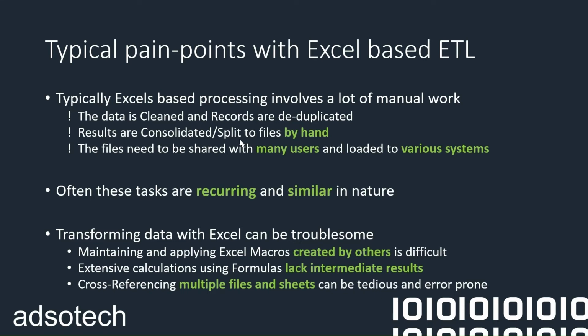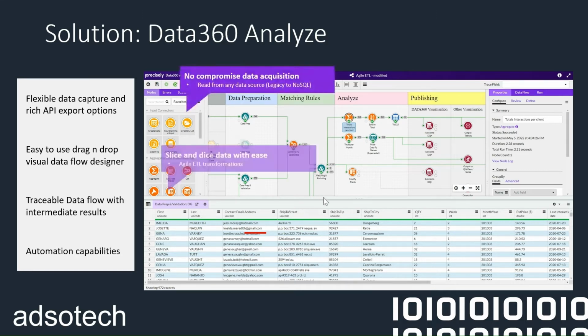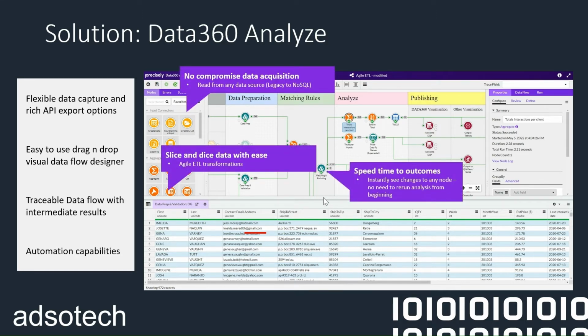The solution that we propose is a data flow-based solution. It's meant for business users. So you can create a data flow with predefined nodes. It's a drag and drop solution. So we can quickly create and connect these nodes to do the calculations and the transformation on the data that we have read.